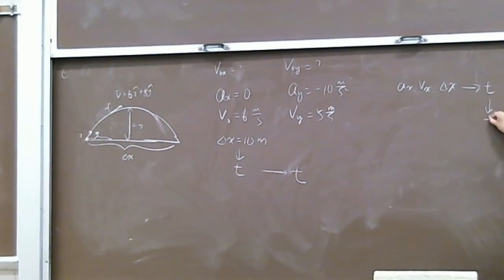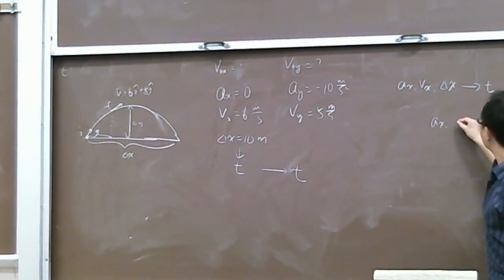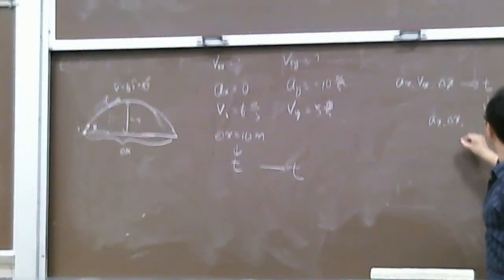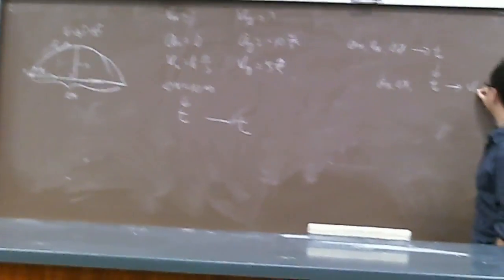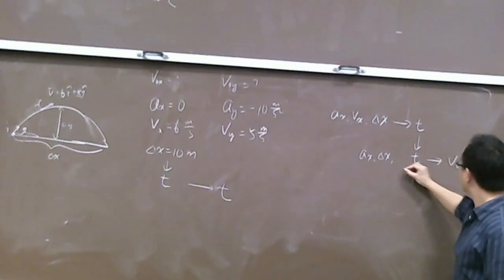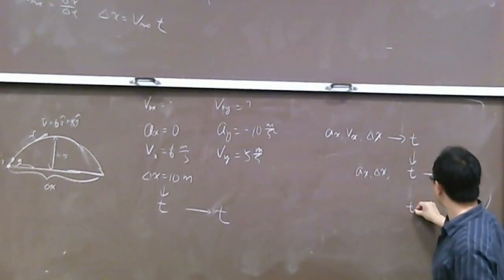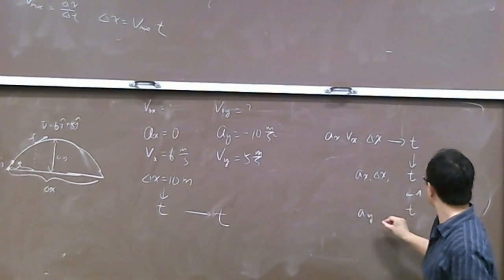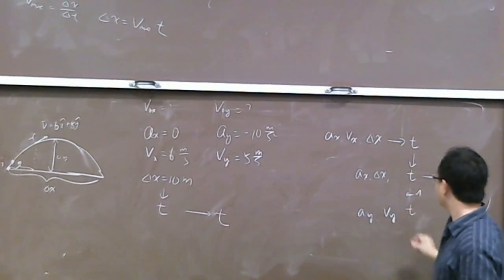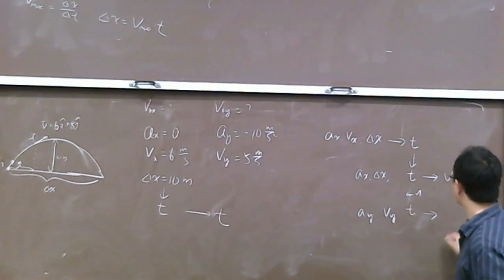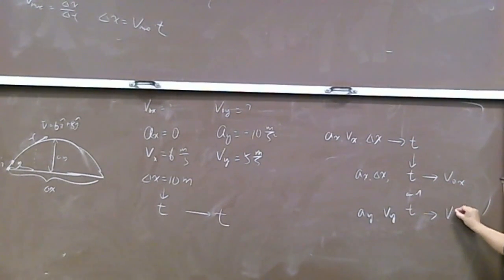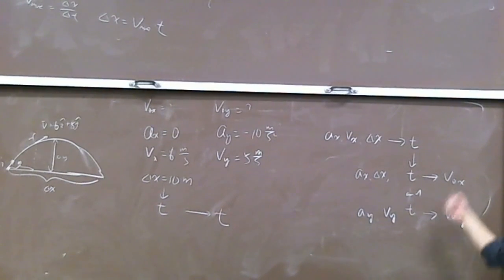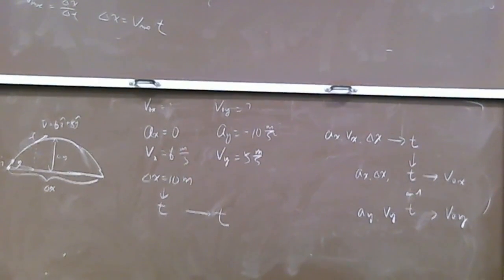Once you have t, with ax, delta x, and t, you can calculate v naught x. Also, with t combined with ay and vy, you can calculate v naught y. Once you have v naught x and v naught y, you can just do the standard calculation, identical to the first half. Okay, so this finishes.